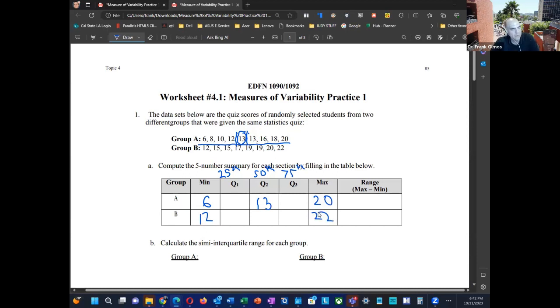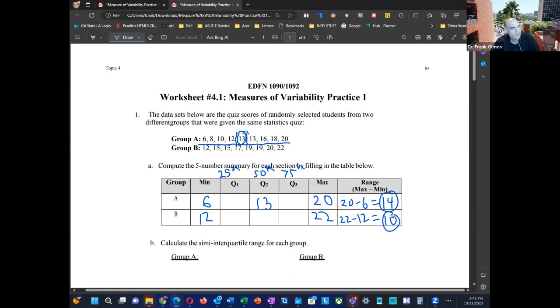And then it's asking for the range. So 20 minus 6 is 14, and 22 minus 12 is 10. All right, so we got the range.